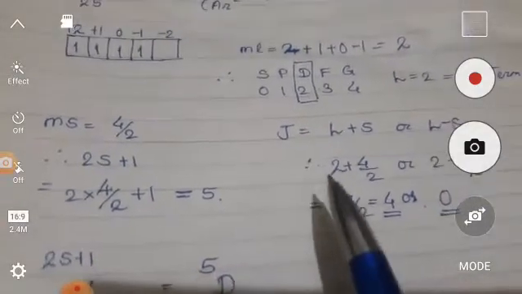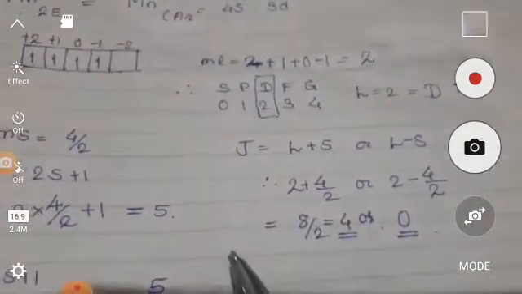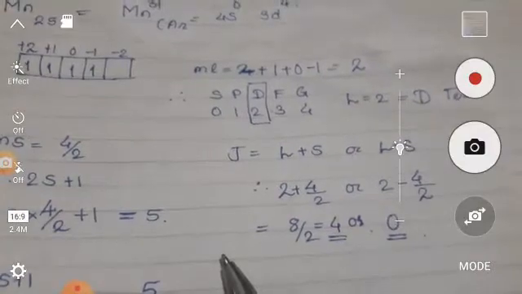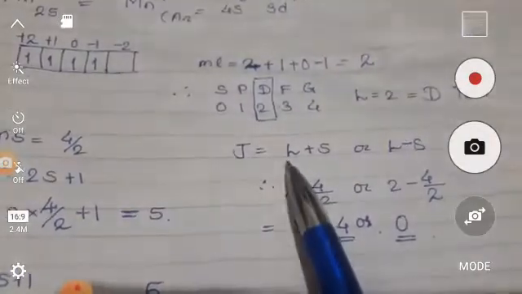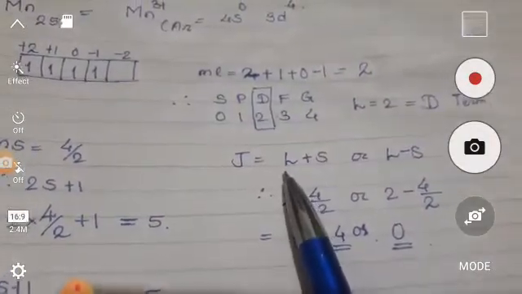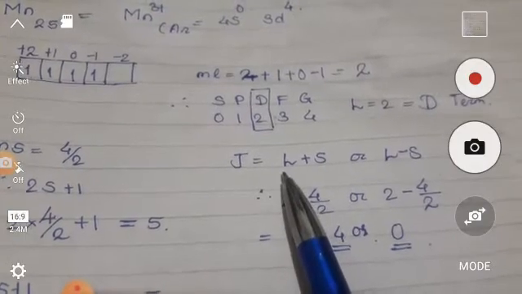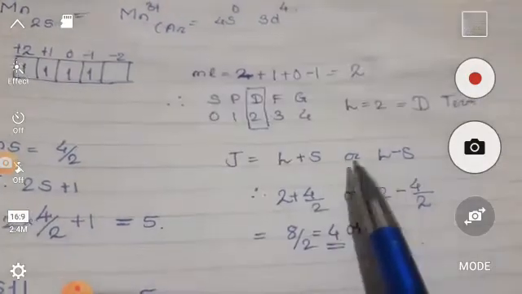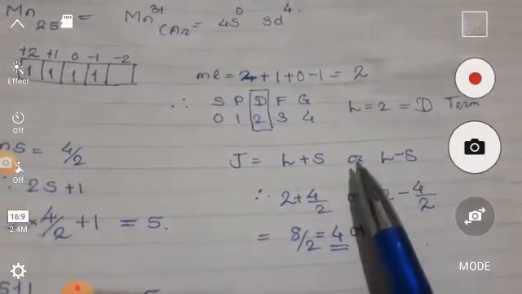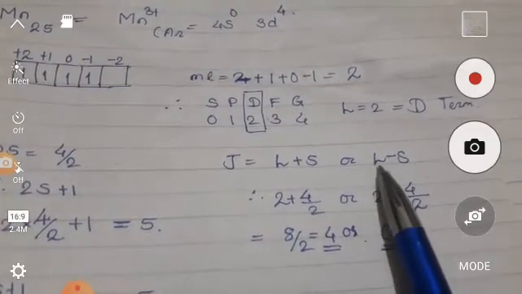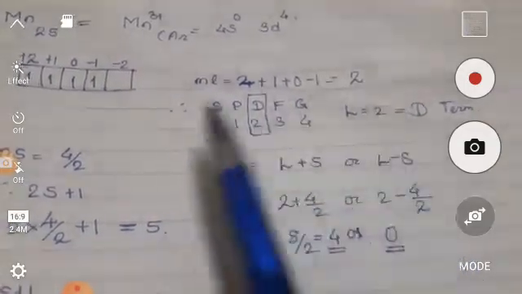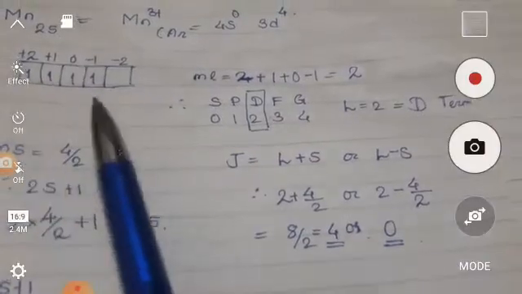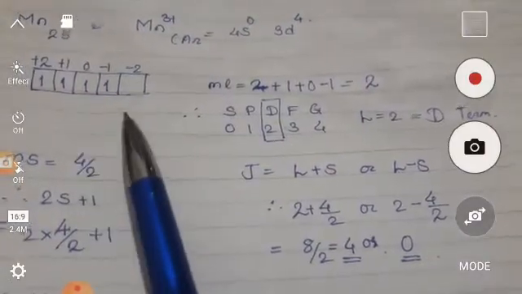Now J, that is the spin orbital quantum number. If the orbital is more than half filled, then J is equal to L plus S, or if the orbital is less than half filled, then J must be L minus S. In this case, there are 4 electrons in the orbital, so the orbital is less than half filled.